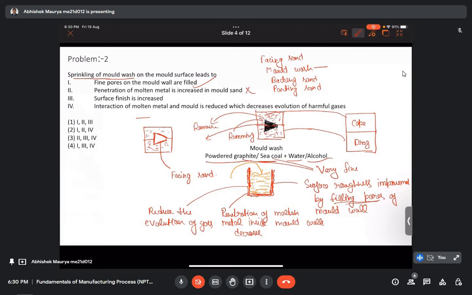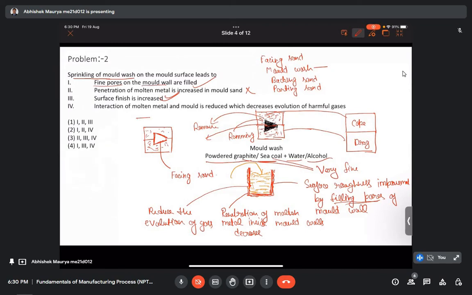That is wrong. Surface finish is increased. Yes, since the fine pores of the mold wall get filled, the surface finish will also increase. The interaction of molten metal and mold is reduced, which decreases the evolution of harmful gases.